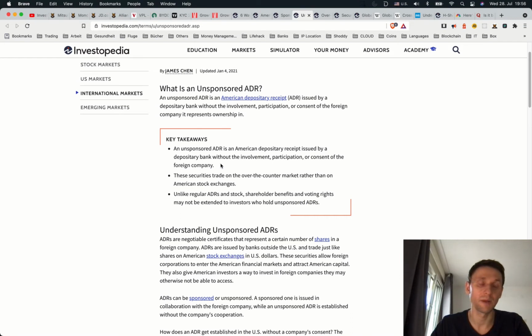It means that a bank could easily issue ADRs for a foreign company without involvement or participation of the foreign company. And also those securities trade on the over-the-counter market rather than on American stock exchanges. That's also important. And you, as a holder of unsponsored ADRs, have less voting rights, and sometimes you even will not get your dividends paid. It happens sometimes, not always, but it can happen.